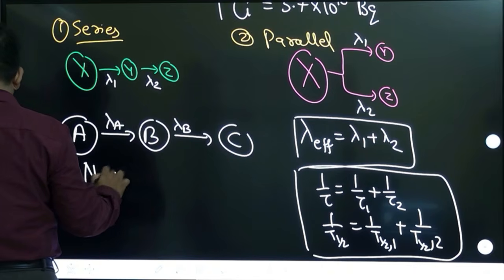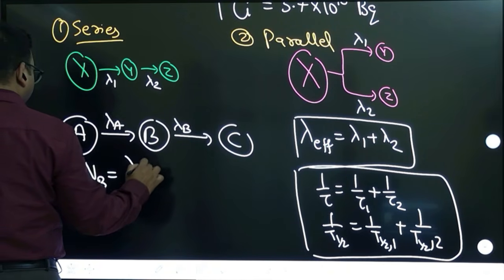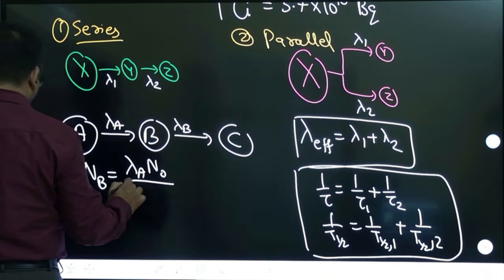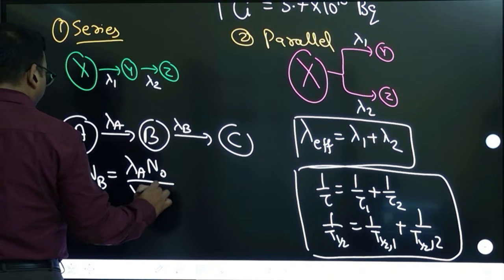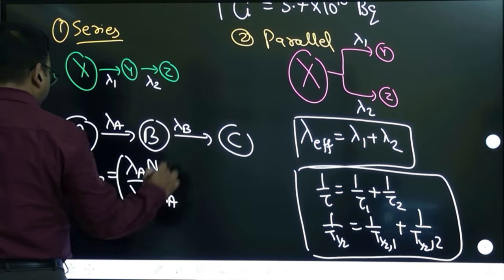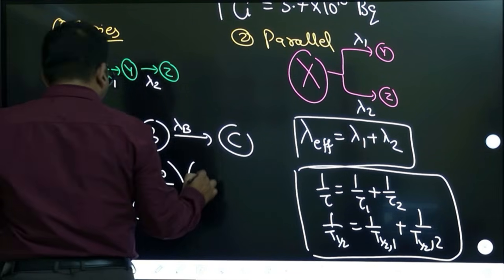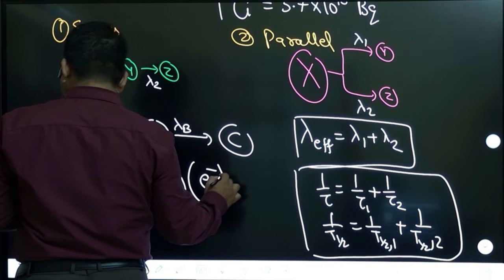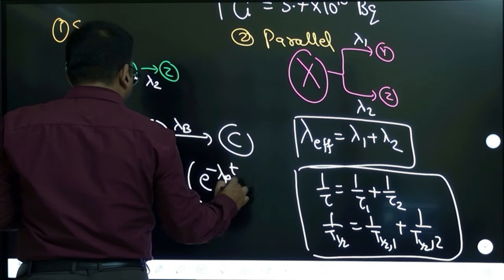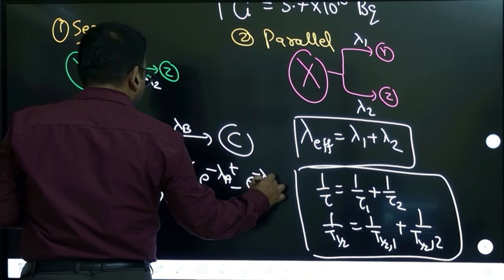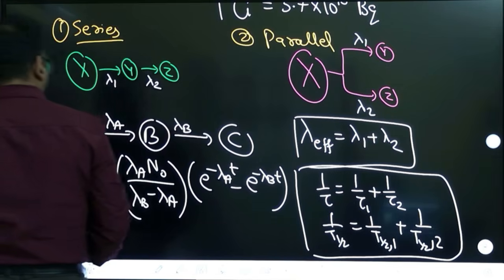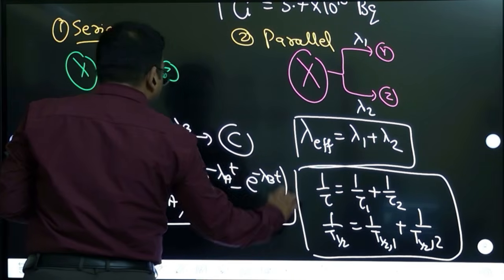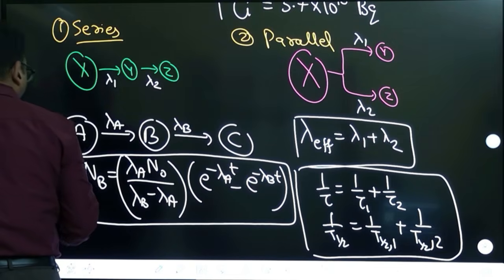This can be derived, but I am just writing it here in order to skip more calculations. This is the derived result which requires a lot of calculations, but I am just writing it to do it fast. This is how the number of B can be calculated at any time.